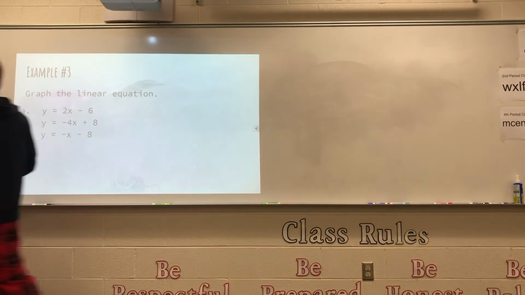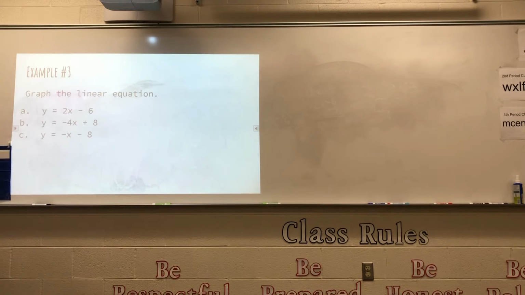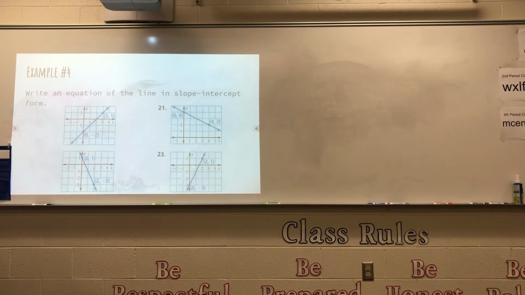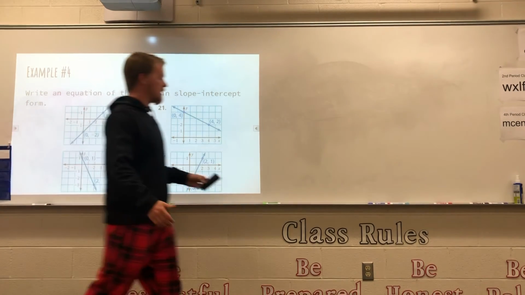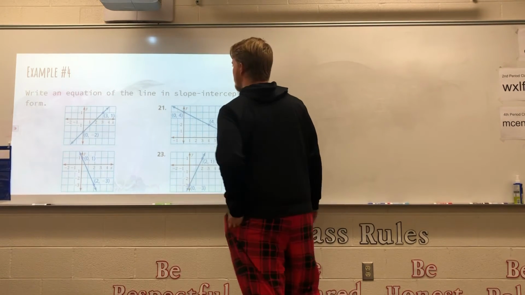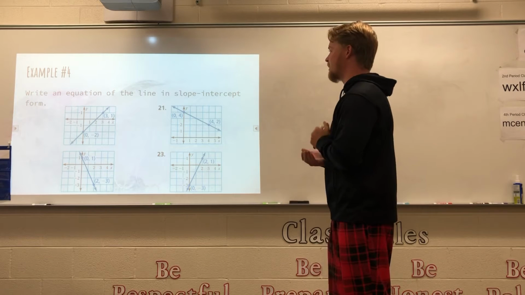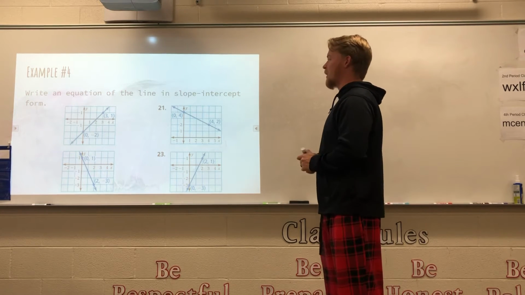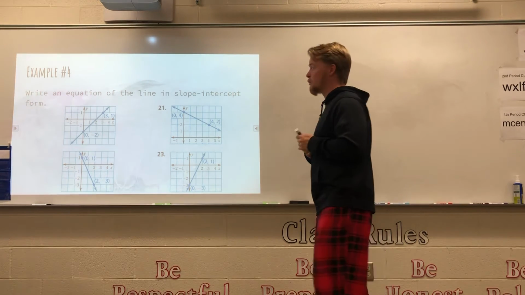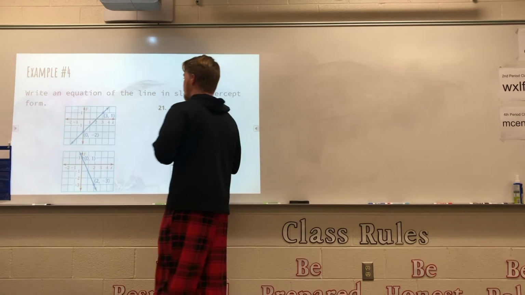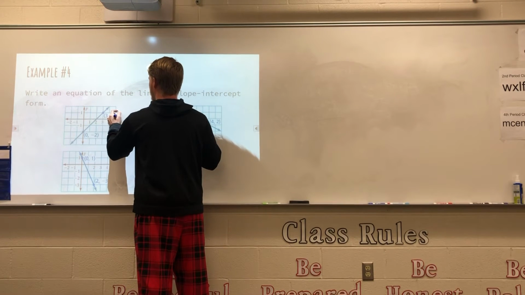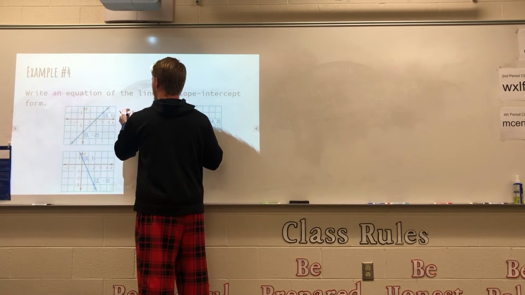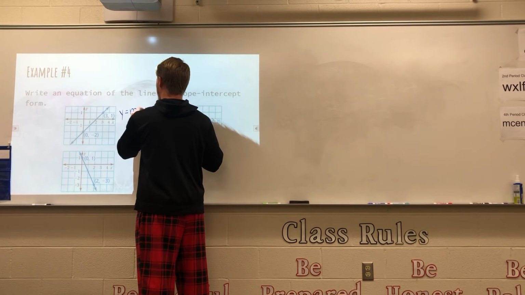So our last type is from section 4.6, where they give us the line and they ask us to write an equation of the line in slope-intercept form. Okay, so if we're writing an equation in slope-intercept form, obviously we need to know what slope-intercept form is, which is y equals mx plus b.